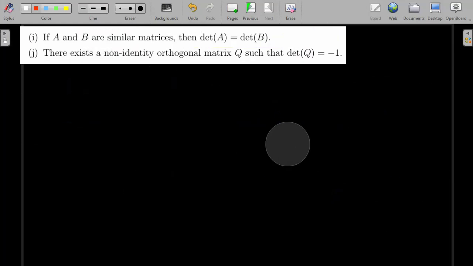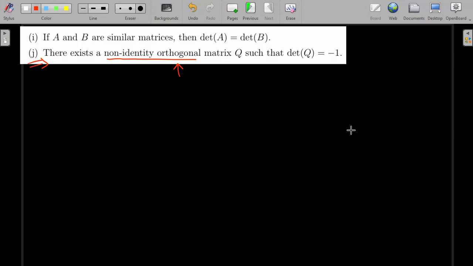Even this last question, it likes bringing it up, so make sure you know how to solve it. On the last question, they're saying there exists a non-identity orthogonal matrix Q such that the determinant of that matrix is -1. Non-identity just means that this orthogonal matrix is not the identity matrix, because we know the identity matrix is always orthogonal.